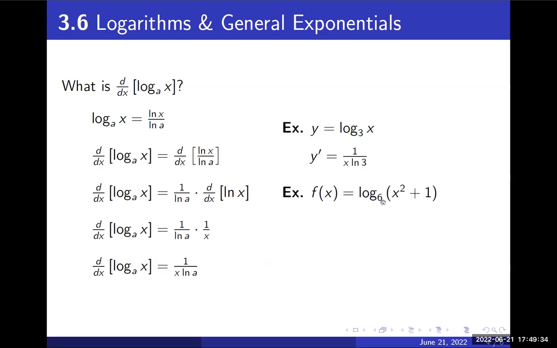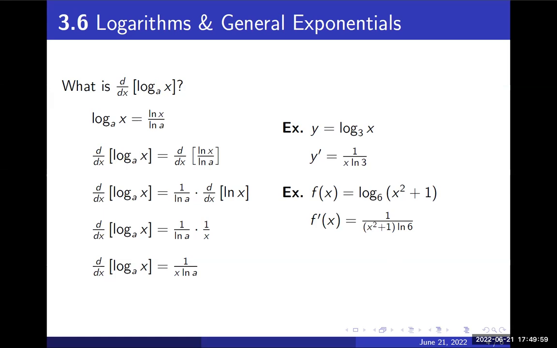Also, our base is 6, so that's the a. The derivative of the outside is 1 over the quantity x squared plus 1 times the natural log of 6. So again, that whole thing goes in where the x would be, and then times the natural log of our base. There's the derivative of the outside.